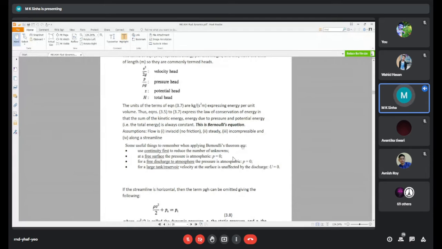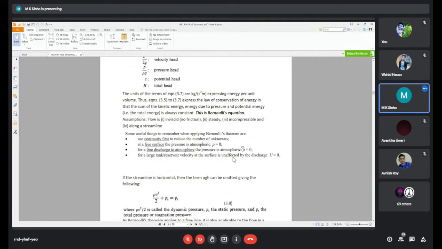Some useful things are required for the Bernoulli equations. So use the continuity first to reduce the number of unknowns. When we are going to apply the Bernoulli equations, as it is incompressible, our continuity equation will become del u by del x plus del v by del y plus del w by del z equal to 0, if it is three-dimensional and steady state.